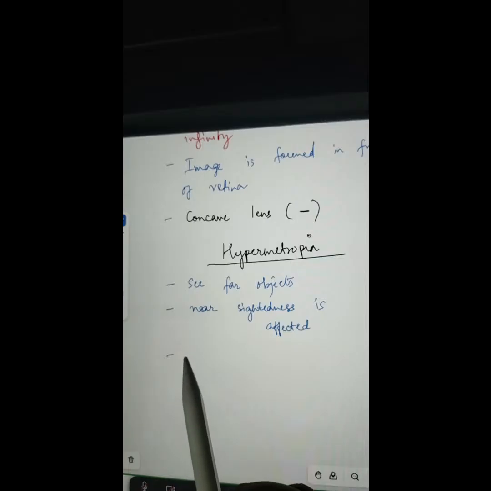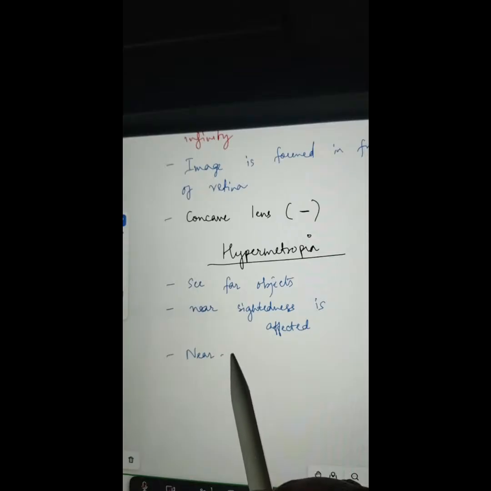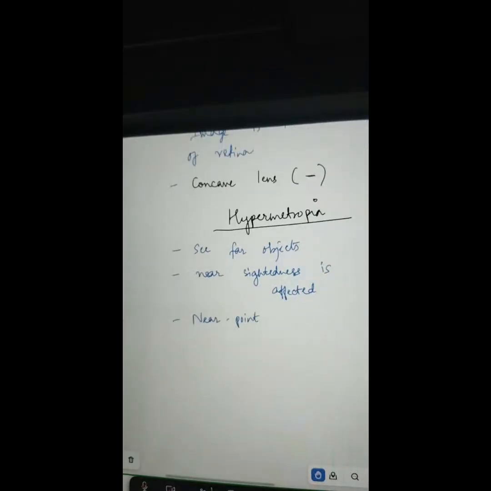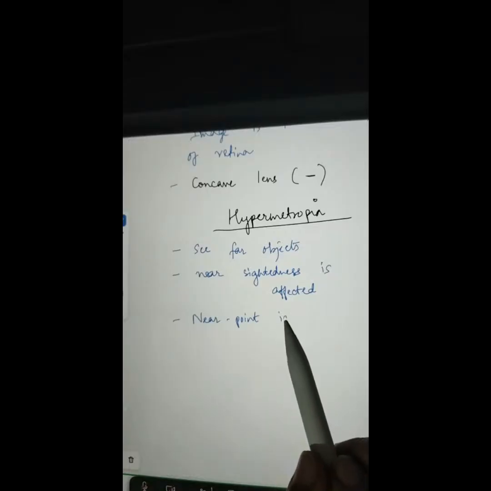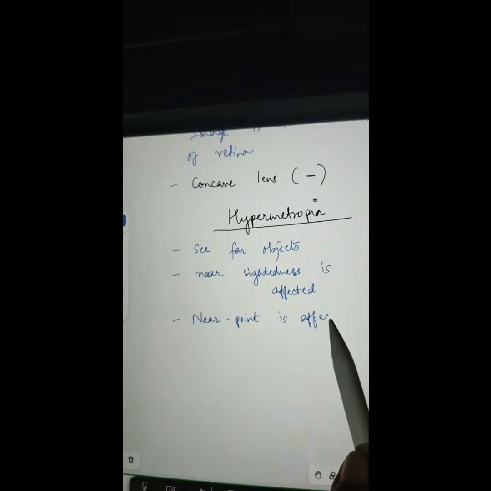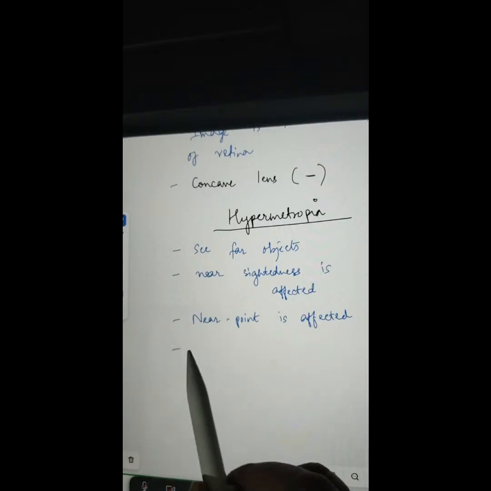So the near point, the ability to observe objects distinctly, is not 25 centimeter. The near point is affected and it is beyond 25 centimeter. 25 centimeter से ज़्यादा बड़ा हो गया है, right?